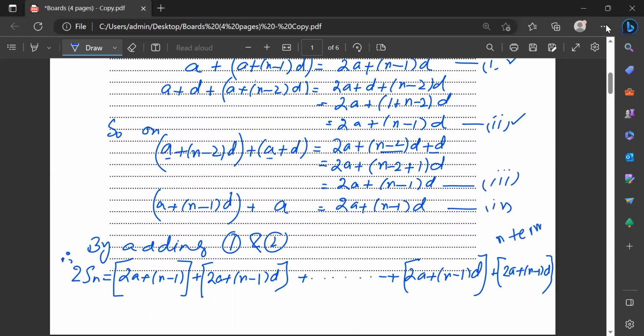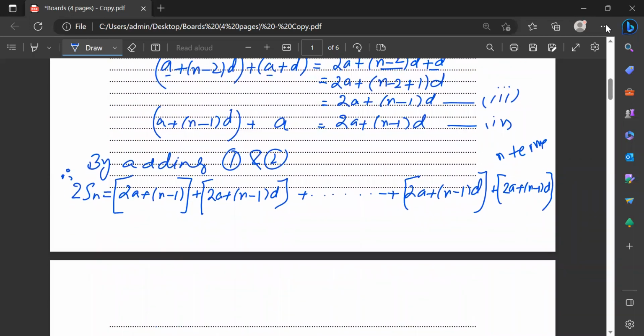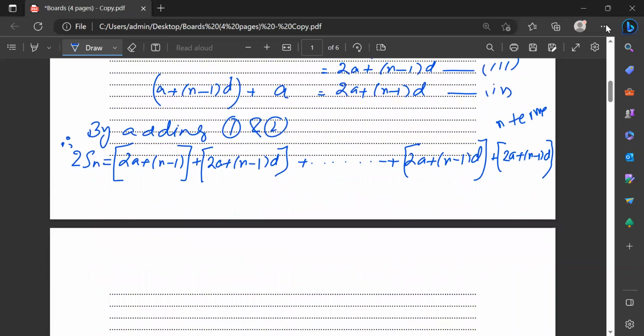There are n terms. So it means that on the right hand side, we are adding the same thing n times, and the left hand side is 2Sn. So 2a plus (n minus 1) into d is repeatedly there, and n terms are there. So I can say the sum of these n terms is n multiplied by this.